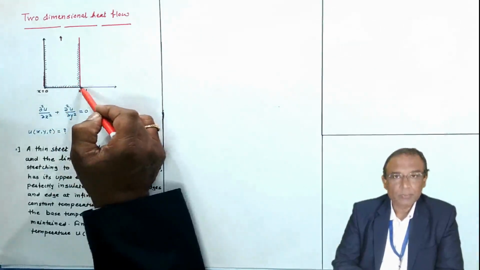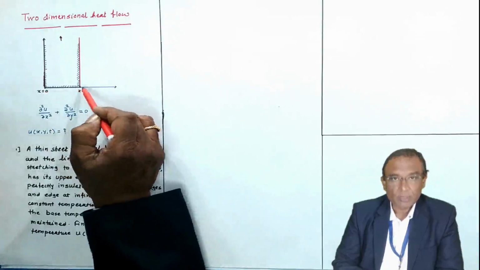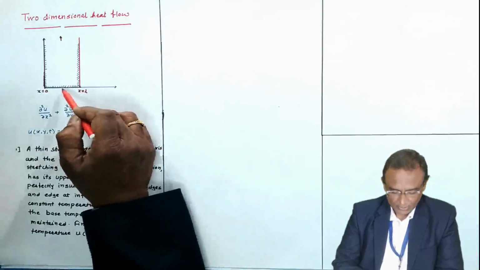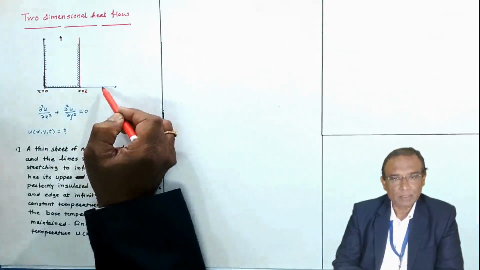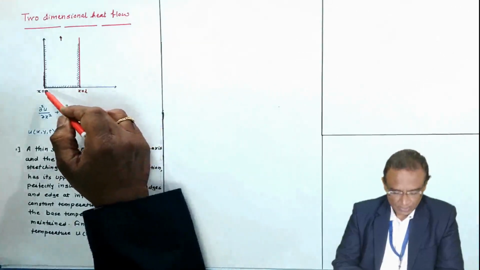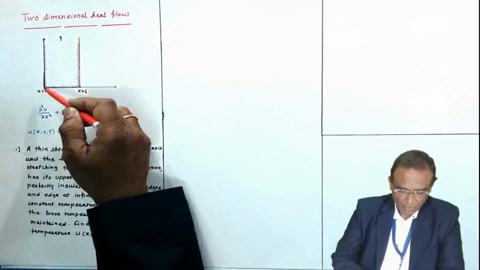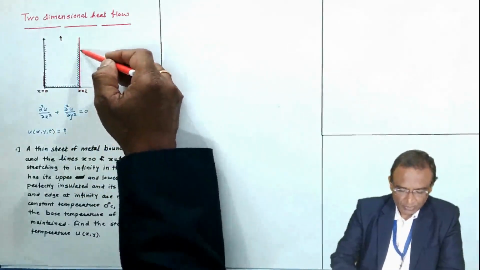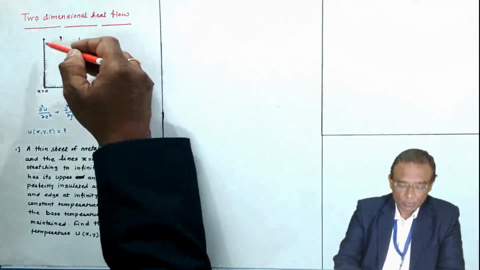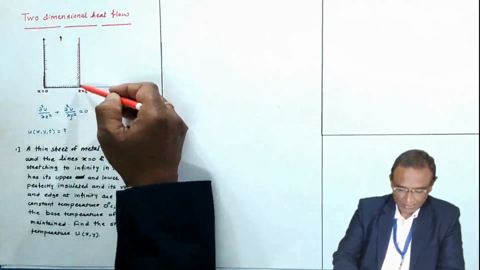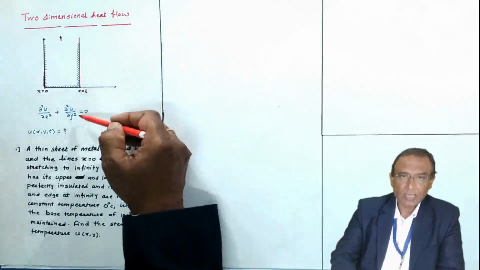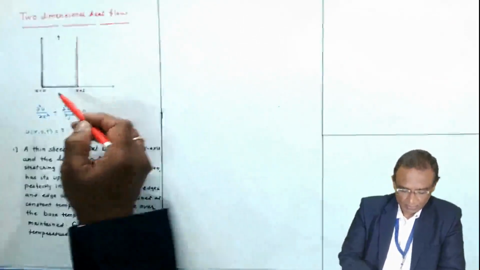This is the other corner of the sheet, meaning the lower edge is kept on the x-axis. One end of the edge is kept at x equal to 0, and in this way the sheet is bounded by the line x equal to L. L is a real number.